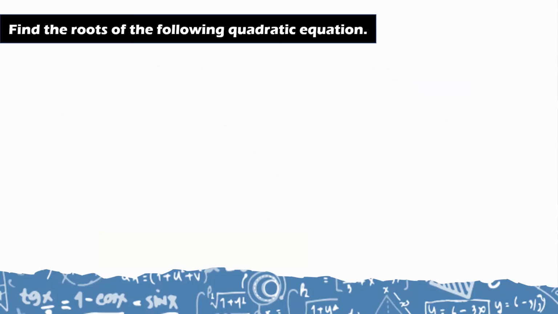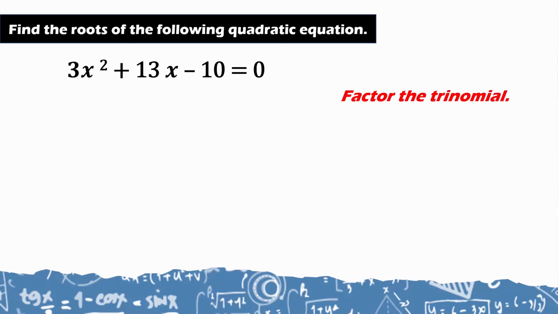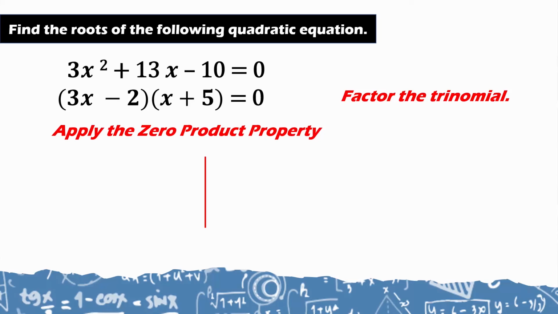Our next example, we have 3x squared plus 13x minus 10 equals 0. Since this is already in standard form, we will factor the quadratic trinomial, and the factors are 3x minus 2 and x plus 5. Applying the zero product property, where 3x minus 2 equals 0 or x plus 5 equals 0.